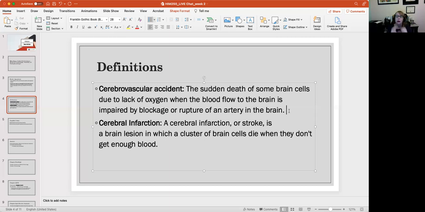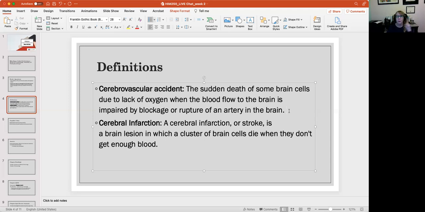But the other thing is that looking at that one sentence, when you're on the job, you need to look in the patient's record to see what details the physician has documented as to the cause of the CVA in this particular patient at this particular time. Okay, this definition is rather generic.